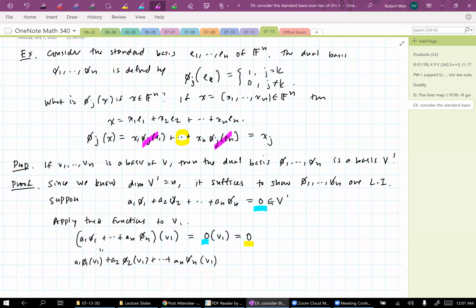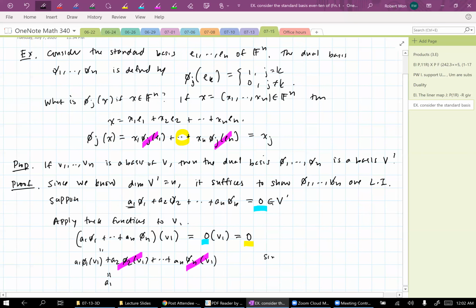But since this was the dual basis, phi 1 of V1 is 1, but phi 2 of V1 and phi 3 of V1 up through phi n of V1 are all 0. So this is actually equal to A1. This computation shows that the coefficient A1 has to be 0. Then you can apply the function to V2 to show that A2 is 0, V3 to show that A3 is 0, up through Vn to show that An is 0.